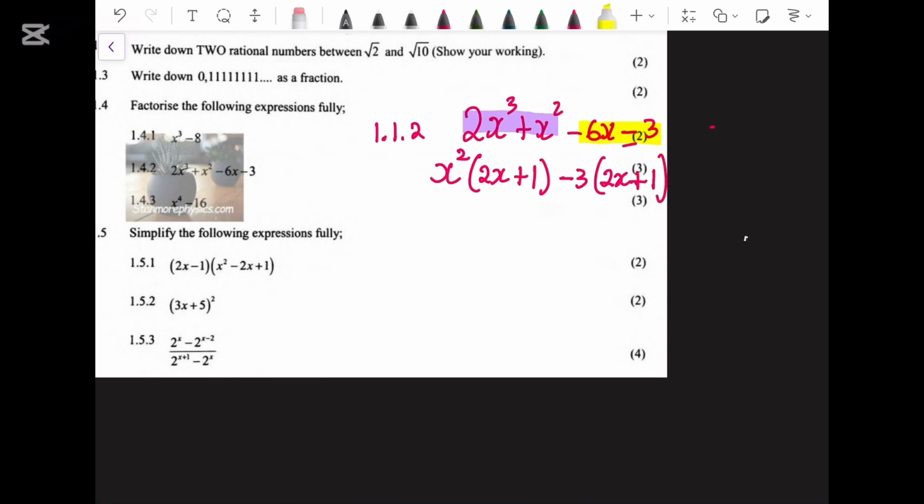Now we have two terms, and 2x plus 1 appears in both terms. So we have another common factor. We take out 2x plus 1, and we remain with x squared minus 3. Now we have factorized this fully.